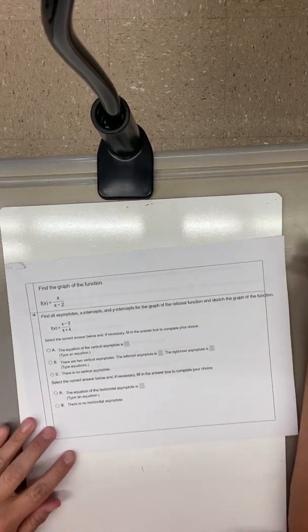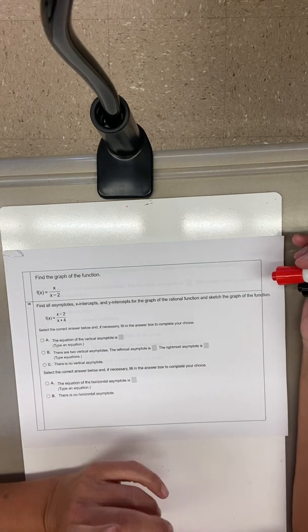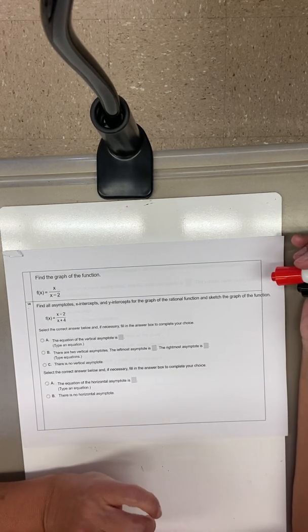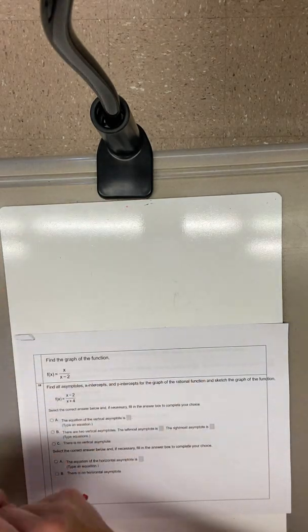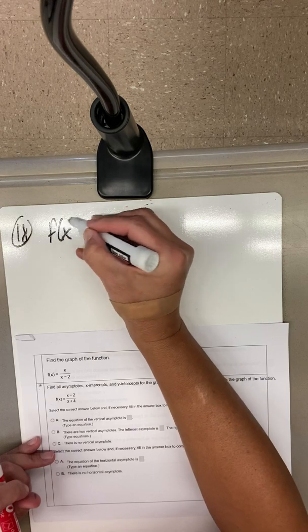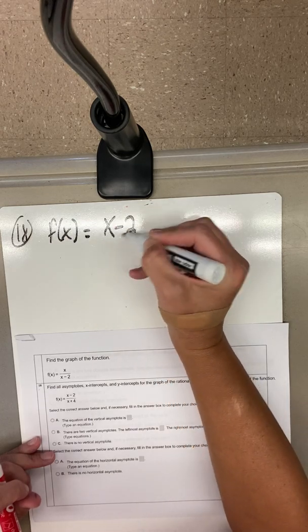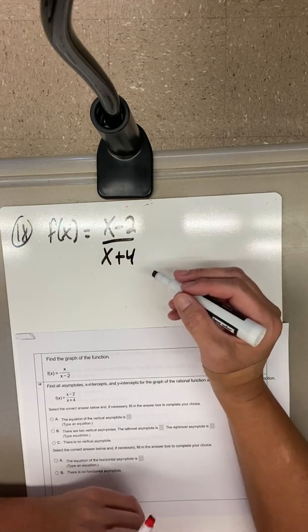Number 18. Find all asymptotes, x-intercepts, and y-intercepts for the graph of the rational function and sketch the graph. We're given a function. We're going to do asymptotes first.